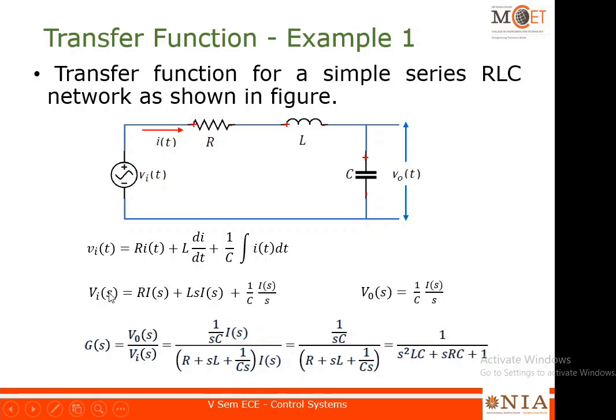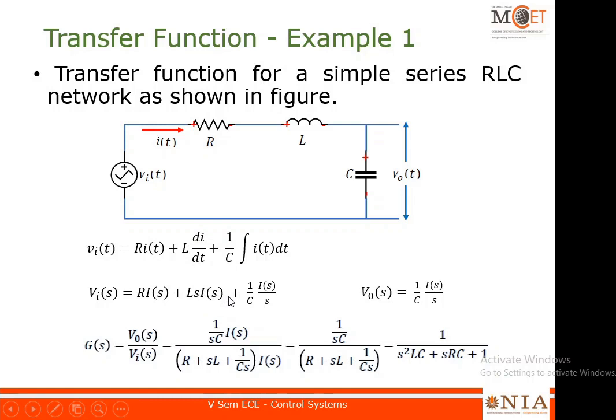So after applying Laplace transformation you get capital Vi of S is equal to, for R into I of t it becomes capital R into capital I of S. When you take Laplace on di by dt, it is actually S into capital I of S minus I of 0.